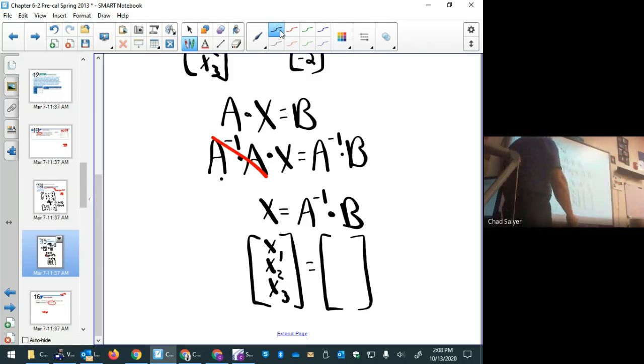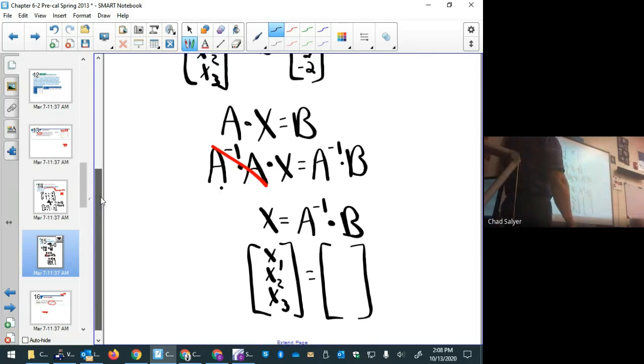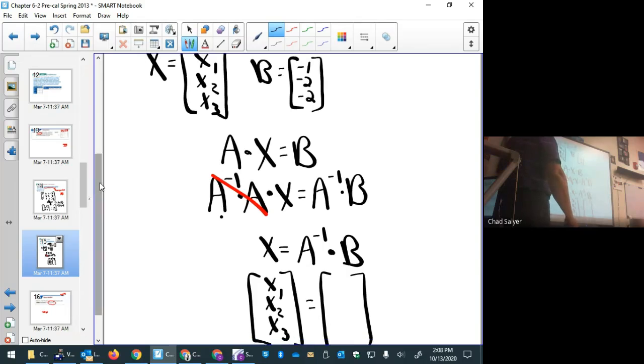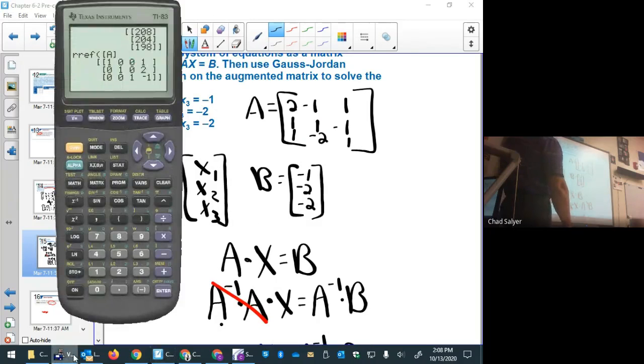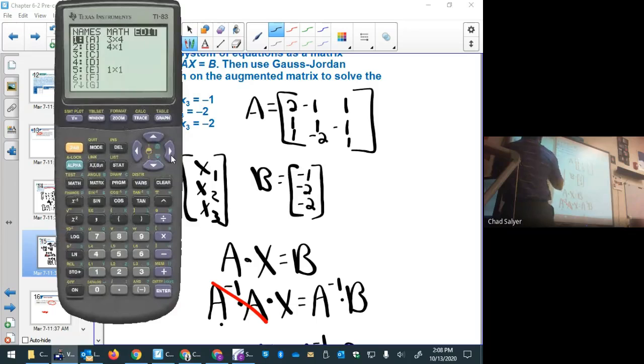So if I take A's inverse and multiply that by B, that's going to give me the solutions. So let's define A in our calculator here. We want it to be a 3 by 3 this time. It is 2, negative 1, 1, 1, 1, negative 1, 1, negative 2, and then 1.